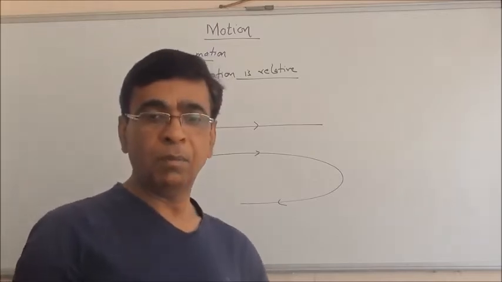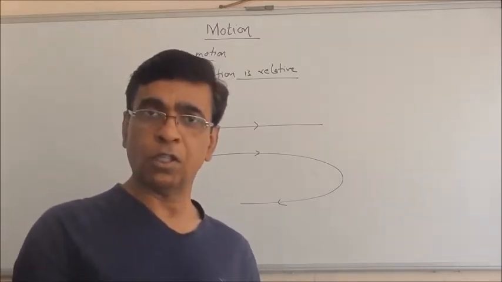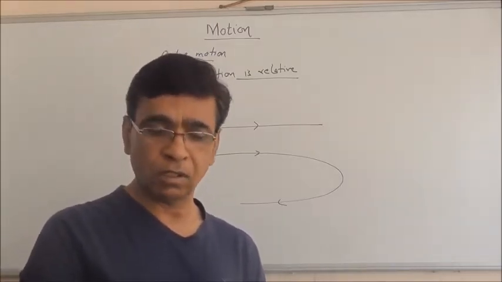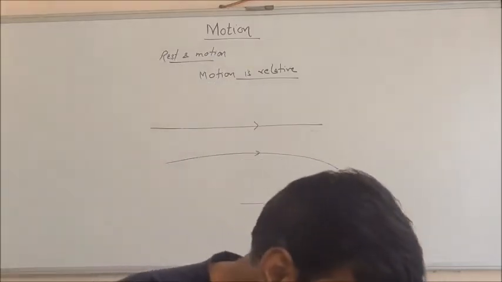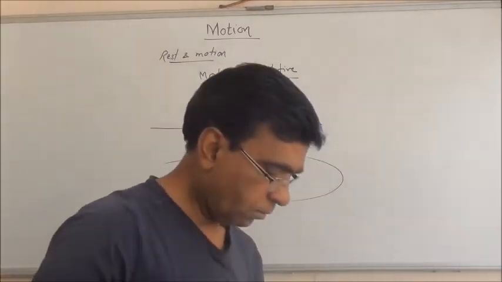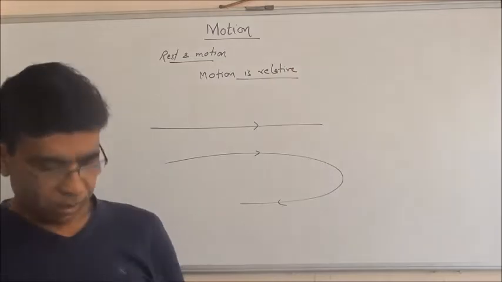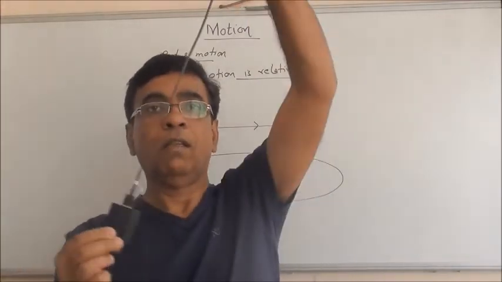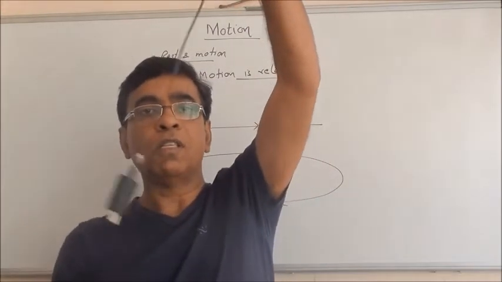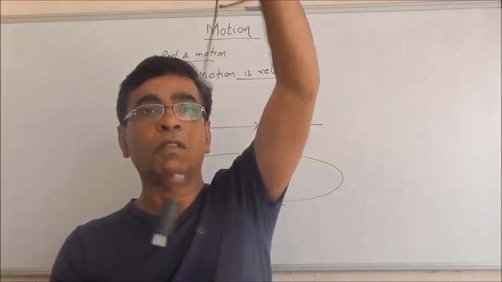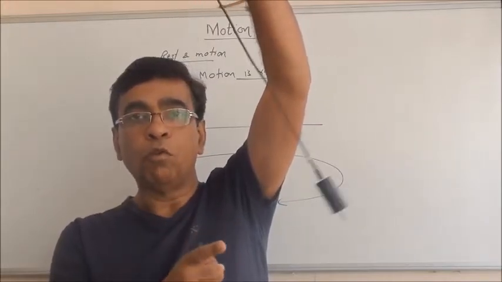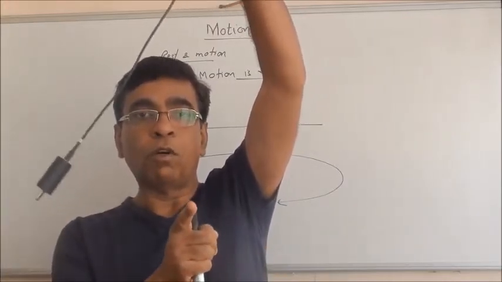Another type is oscillatory motion. You might have observed the pendulum, or I can take any object, say a charger, and move it like this. This is oscillatory motion. The body moves to and fro about a position.